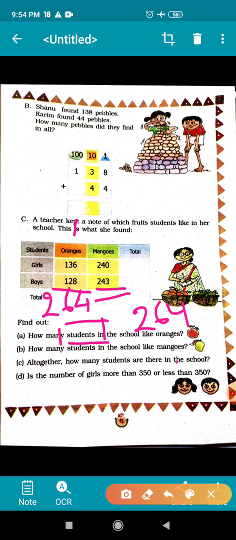Okay. All together how many students are there in the school? If you add these two numbers, you will get the number of girls.